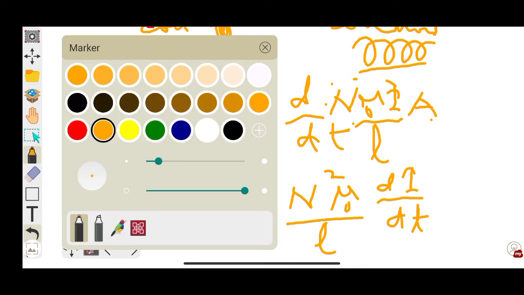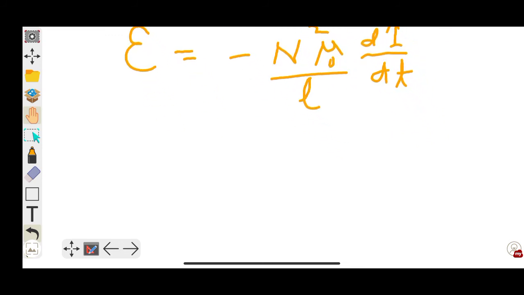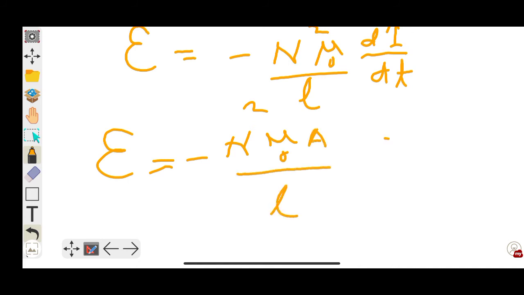So therefore I'll write this as E is equal to minus n square mu naught A upon L into di upon dt.